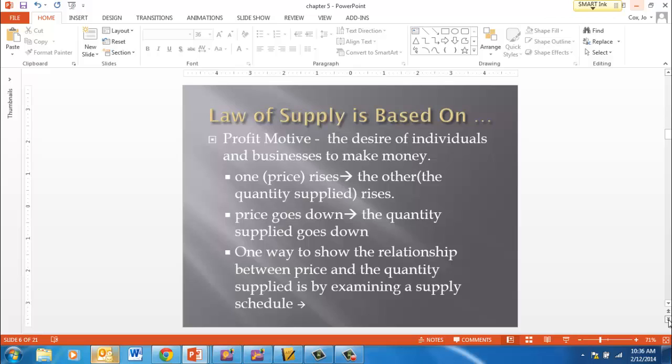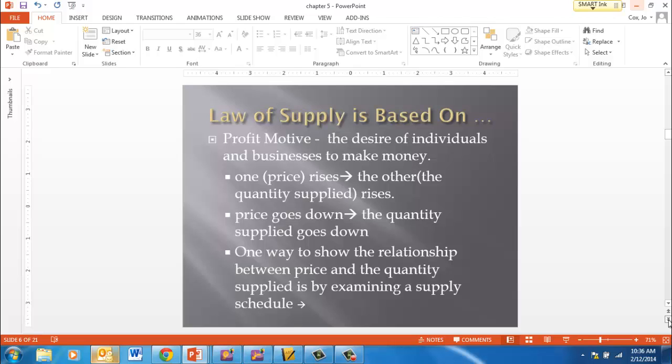So the law of supply again is based on the profit motive, because as a business owner, your number one goal is to make money. So as the price increases, the quantity supplied increases. As the price goes down, the quantity supplied goes down.